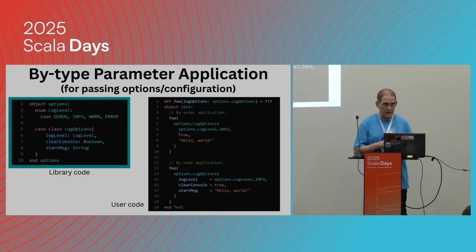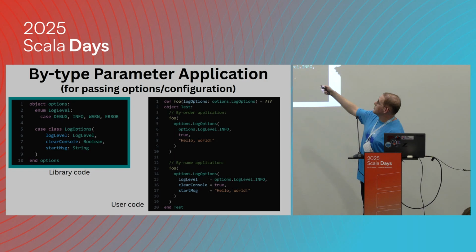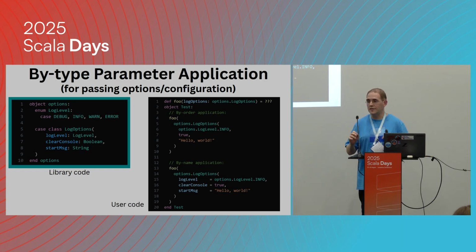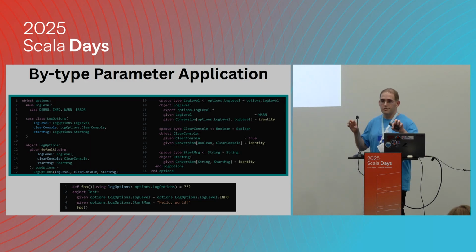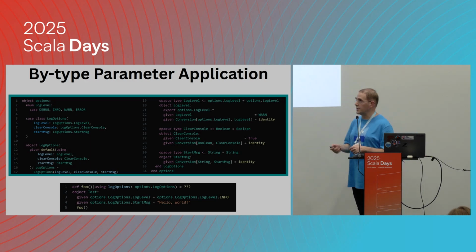Also, a neat concept that Scala enables us to do with very simple syntax is what I call by-type parameter application. Say we have many options that we want to define for a function. We can apply them by order or by name. But if we do that, every option needs unique syntax, a unique type, which is more cumbersome work in the library sense.